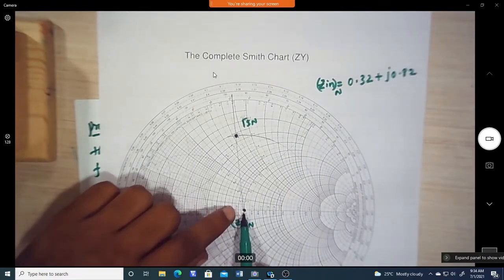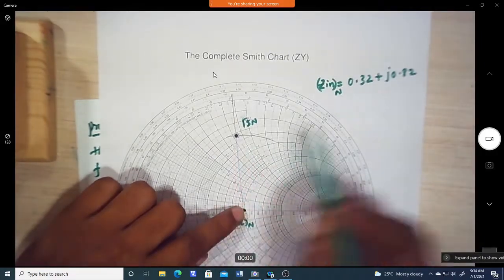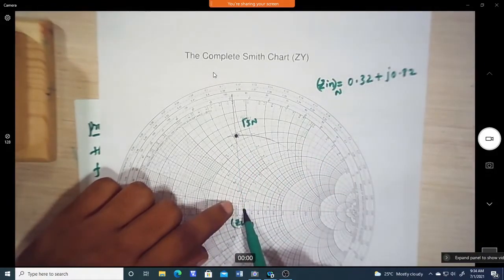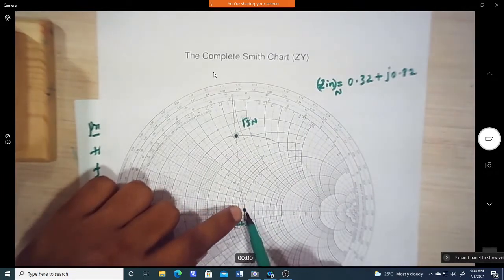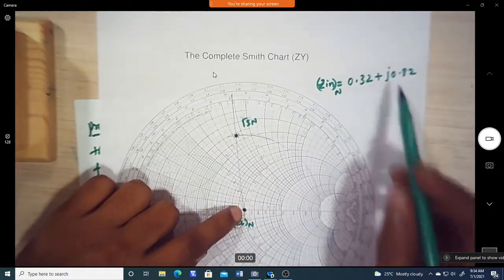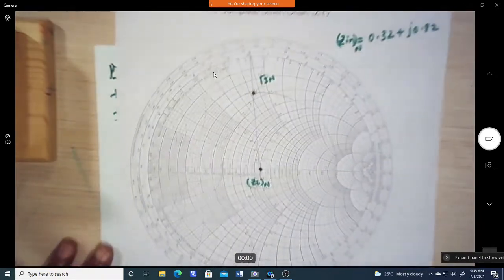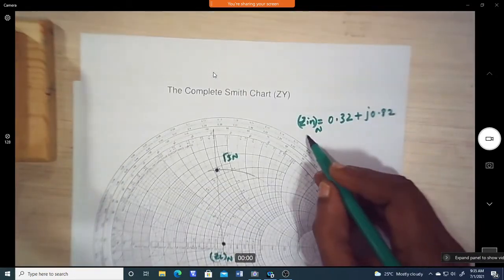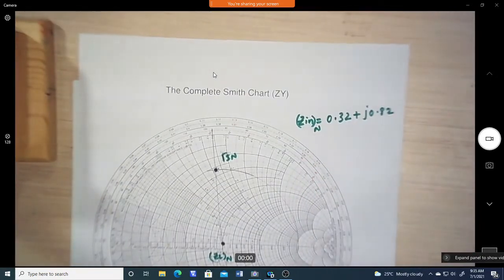Now we need to transform this 50 ohm to this value, that is 1. So normalized value which is 1. So we need to transform this 1 to this value. So for that, we need to find out the impedance of the quarter wave transformer.